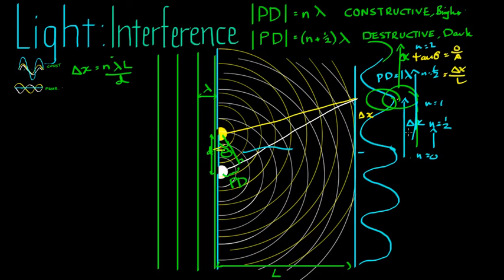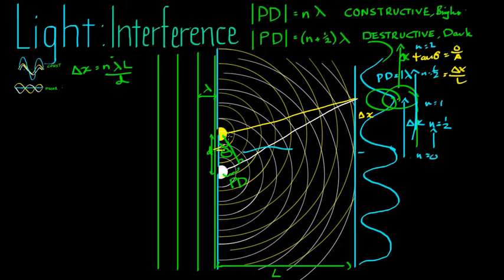So to summarize, if you want to know if constructive or destructive interference is happening, you can sketch the waves emanating outwards, but a better method is to check the path difference between the two sources. If you find the path difference is a whole number of wavelengths, constructive interference is occurring. It looks like this. You'll get an extra big light wave, and you'll get a bright band.